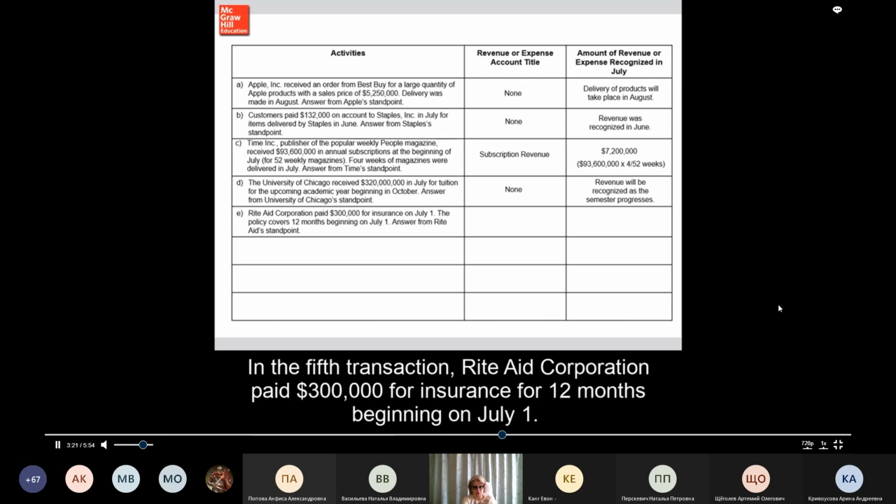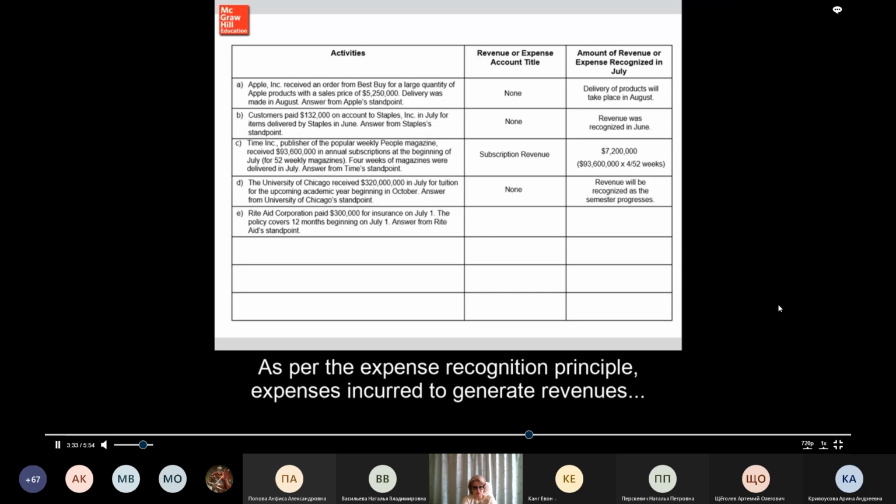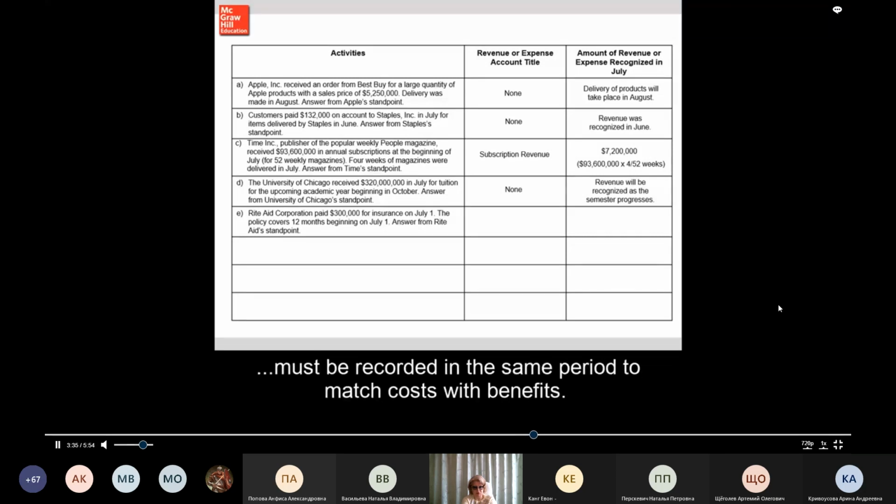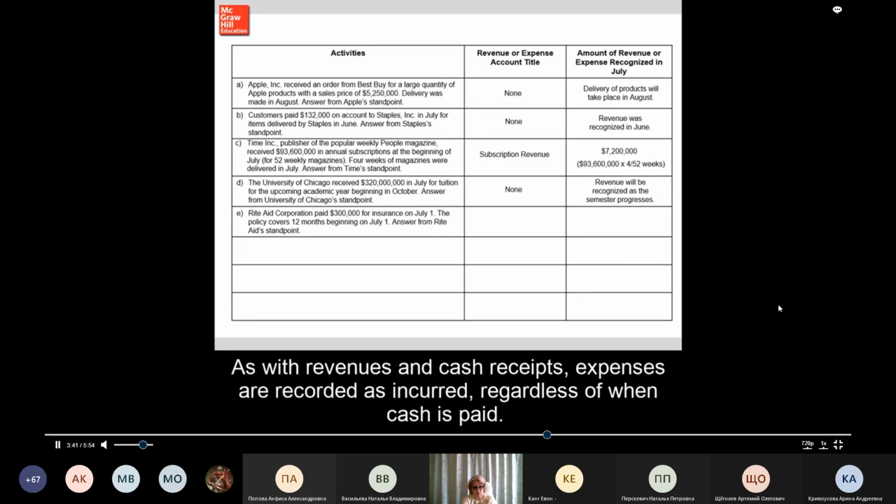In the fifth transaction, Rite Aid Corporation paid $300,000 for insurance for 12 months beginning on July 1. As per the expense recognition principle, expenses incurred to generate revenues must be recorded in the same period to match costs with benefits. As with revenues and cash receipts, expenses are recorded as incurred, regardless of when cash is paid.